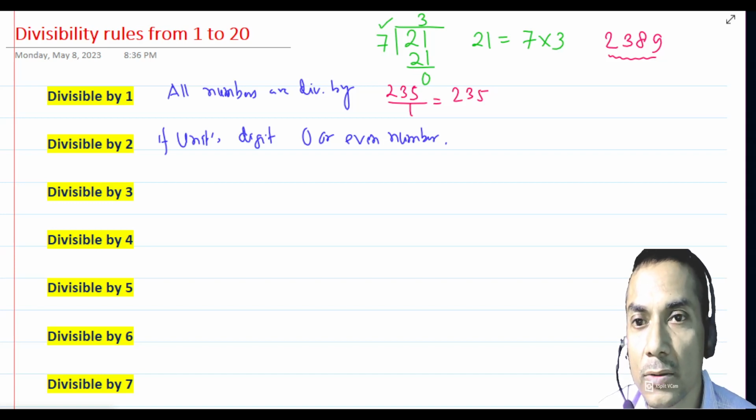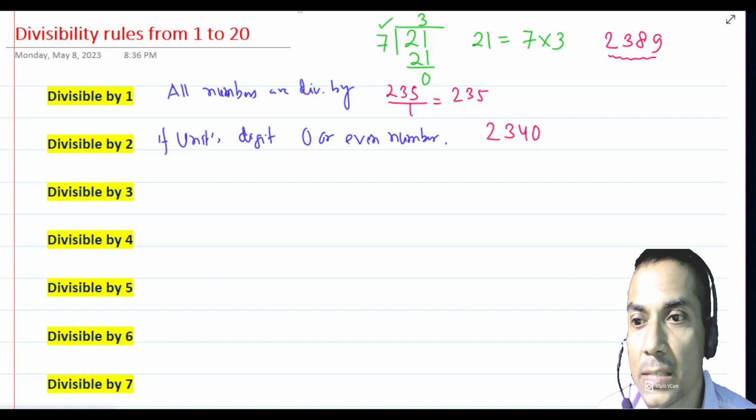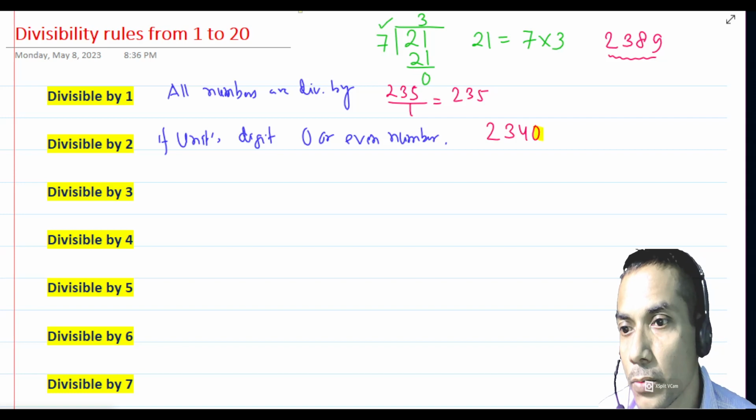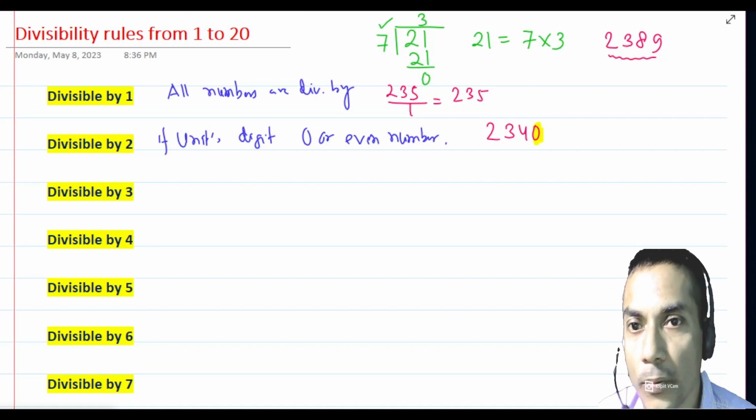Let me give you some examples. For example, 2340. Why is it divisible by 2? Because, as I told you, the last digit, the units digit, is 0.